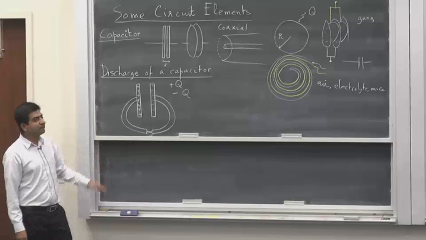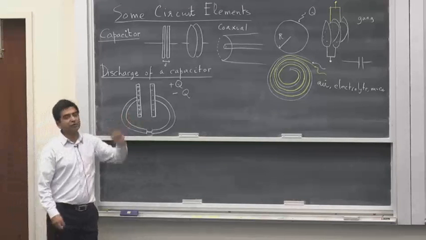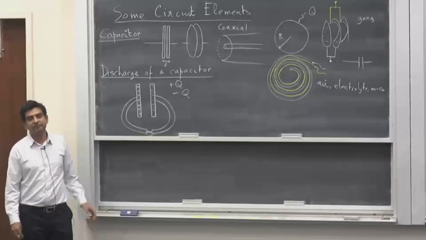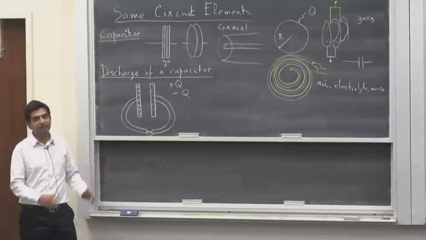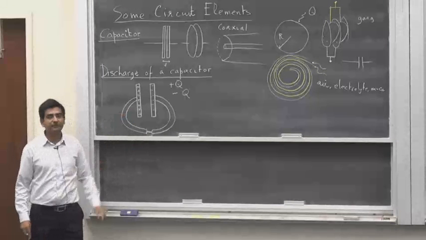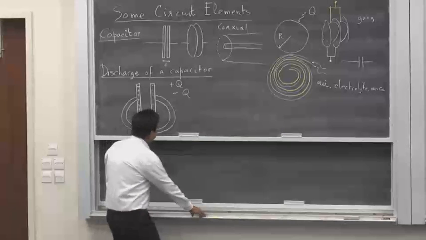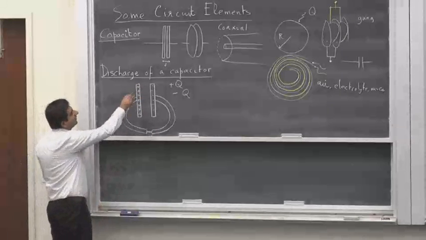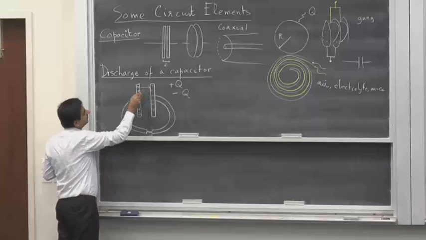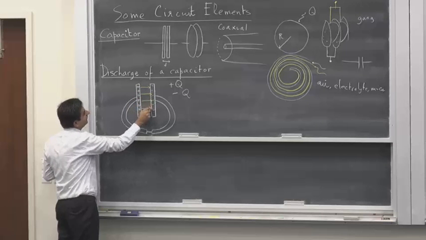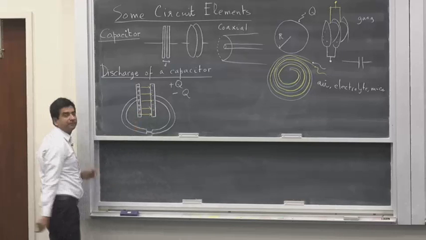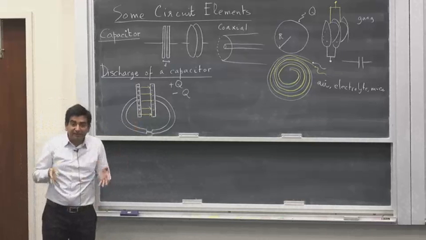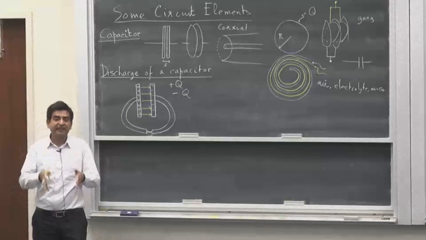Now what's going to happen is that an electric field is going to set up inside this circuit, inside this piece of wire. Initially, there is electric field inside the gap. That electric field is pointing in this particular direction. Okay? And remember, this is a real capacitor. It's a finite sized capacitor.